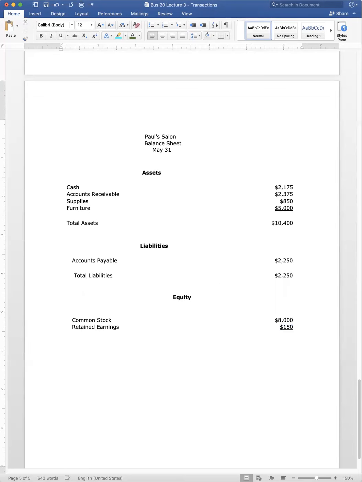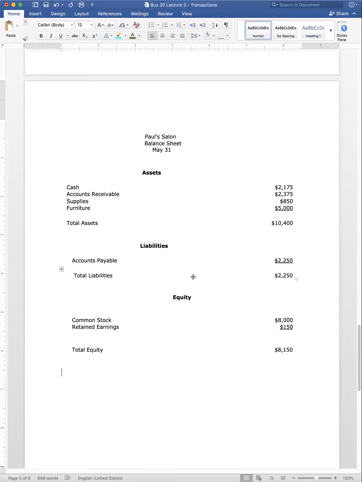Now, when we add that together, we're going to get total equity, which is $8,150. Now, it looks like we're done with the balance sheet, right? We have assets, we have liabilities, we have equity, but there's one more thing we need to do.